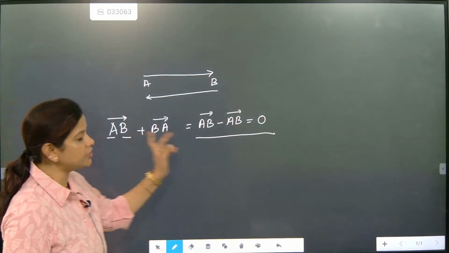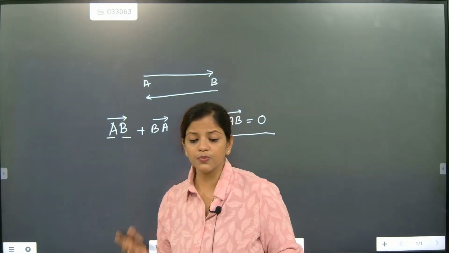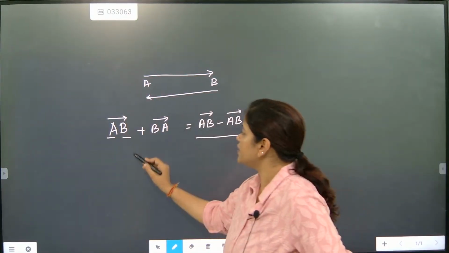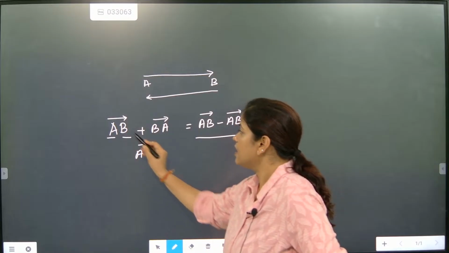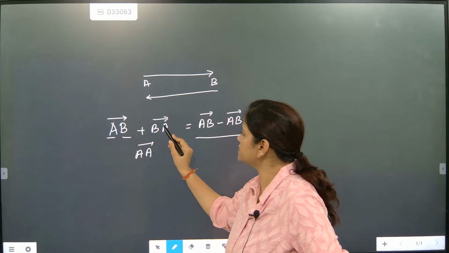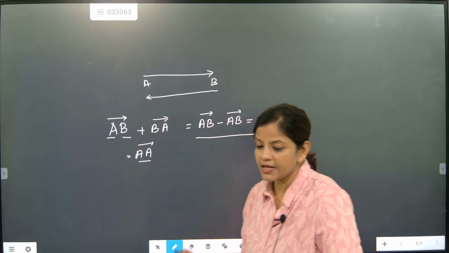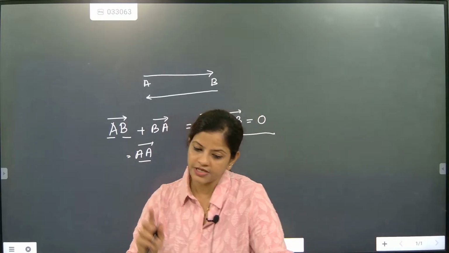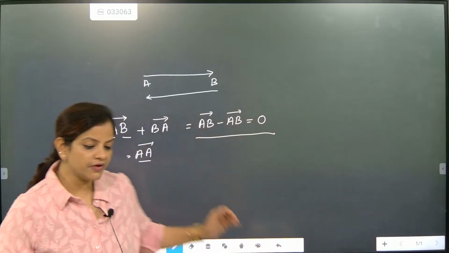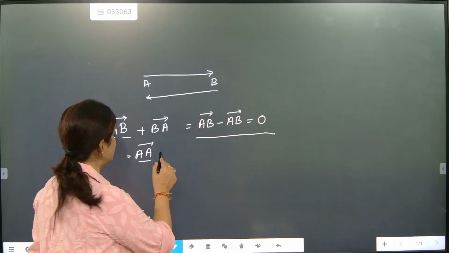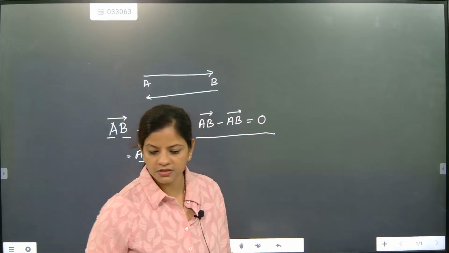Either you can write it like this, or you can write AB vector plus BA vector as AA vector, because this is terminal and this is initial. They both merge together and give AA vector, and AA vector is nothing but the same point, which I explained in the last class. So AA vector will become null, which is 0. Null means 0.